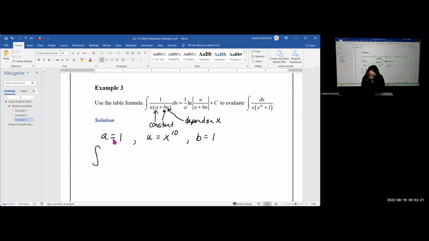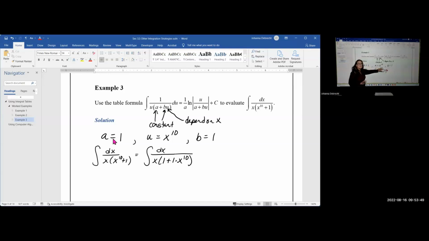So I'm taking my integral of dx over x times x to the 10th plus 1, and I'm rewriting it in the order 1 plus 1 times x to the 10th. All right, so I'm making it fit the pattern that I see up here, a plus bu, 1 plus 1 times something with x. And I think this will work.